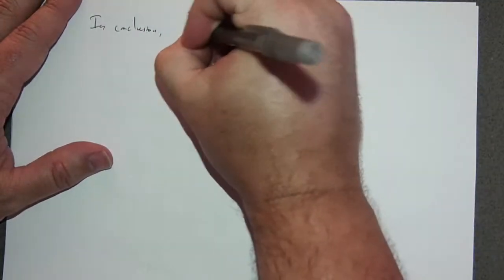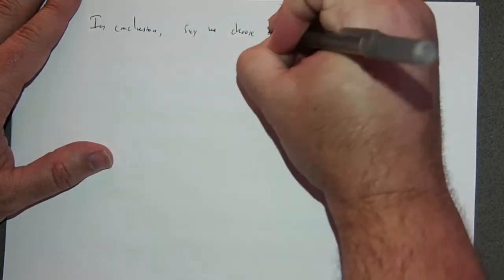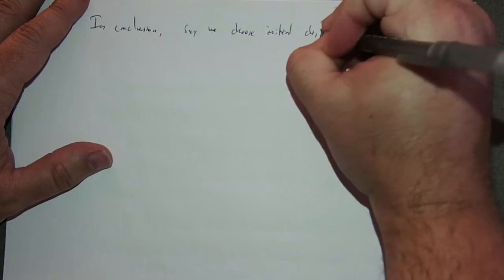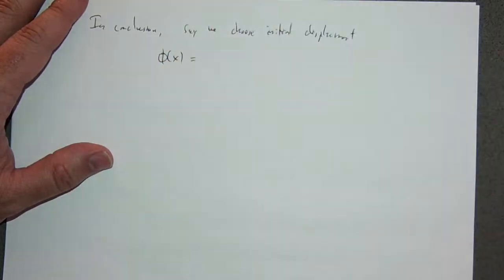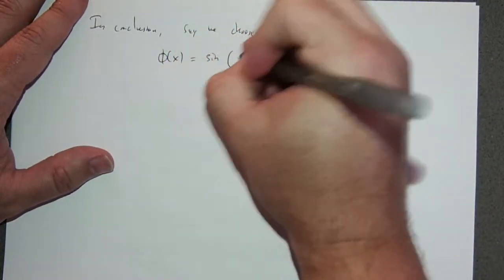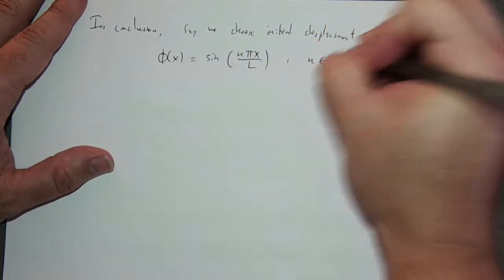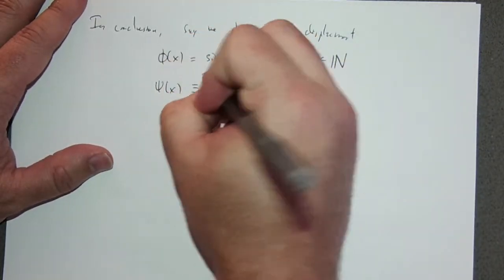So maybe in conclusion here, say we choose initial displacement phi of x, which is one of the eigenfunctions, so sine of n pi x over L for n a natural number, and the initial velocity c of x identically equal to 0.